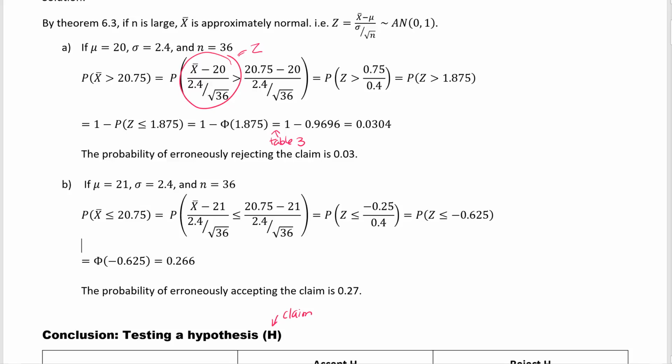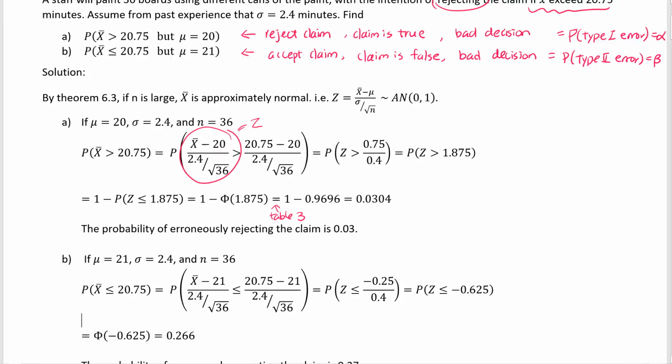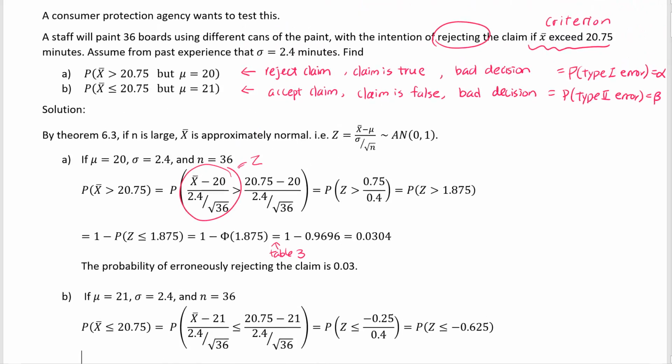So there are actually different meanings. About calculating type 1 error and type 2 error, do you notice what you plug in for your mean for type 1 error? Well, that is the manufacturer's claim, right? So 20 is fixed because that is the manufacturer's claim. When you're calculating B, you say the claim is false. That means the population mean is not 20, but there are many choices which are not 20.